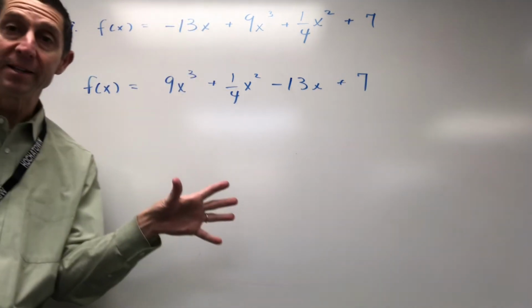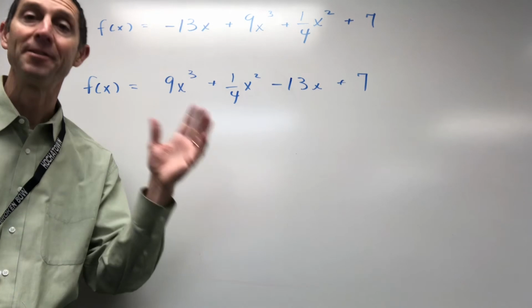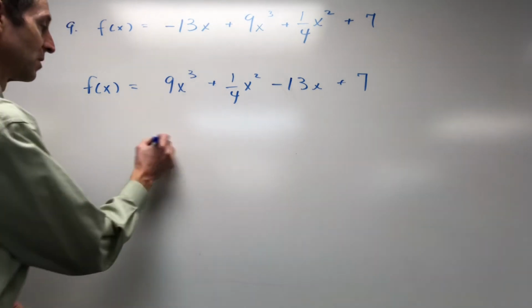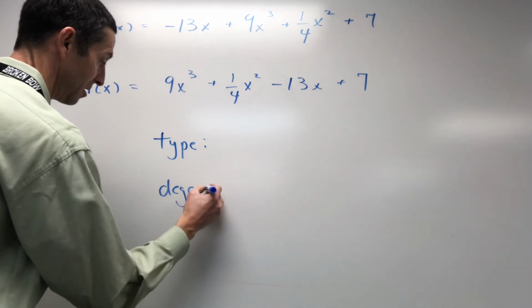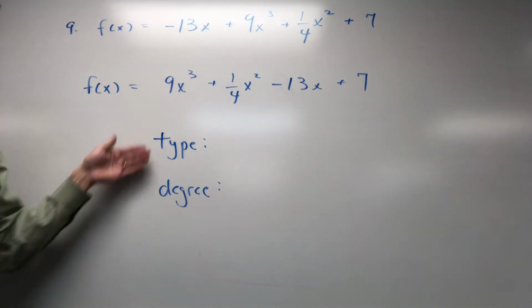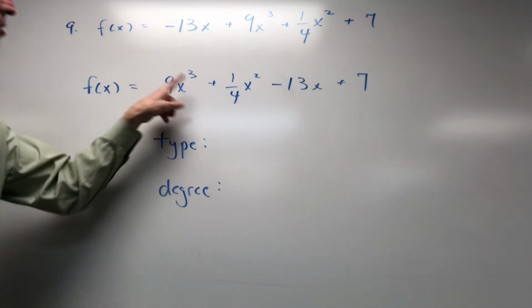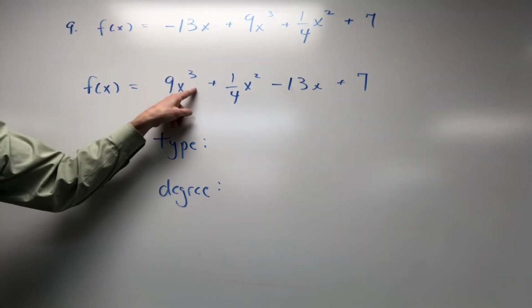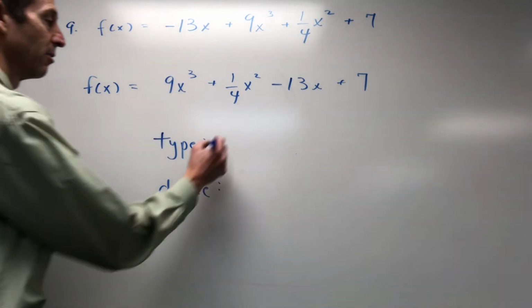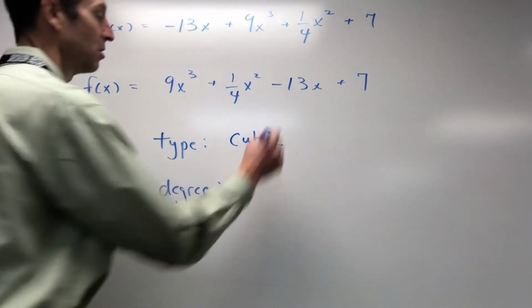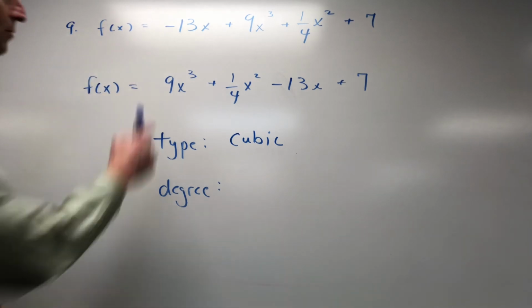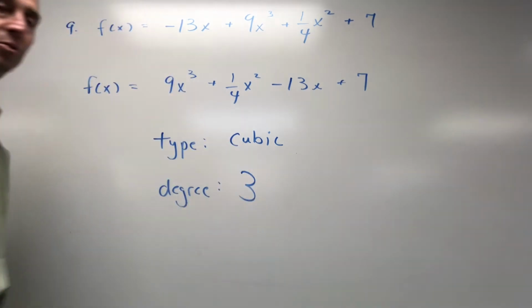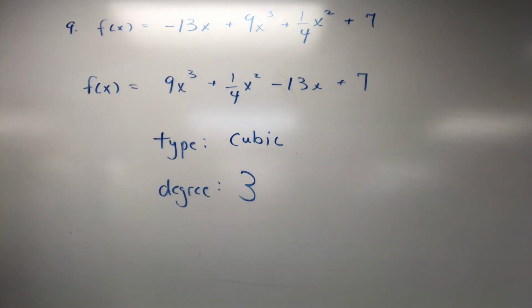So no matter how crazy it looks, reorganize it, put it in descending order, and we can name the type, we can name the degree. So largest power is third power. If the third power is the largest power, its type is called a cubic, and then the degree is based off the largest power. If third power is the largest, you put degree of 3. So find the type, find the degree for each function.